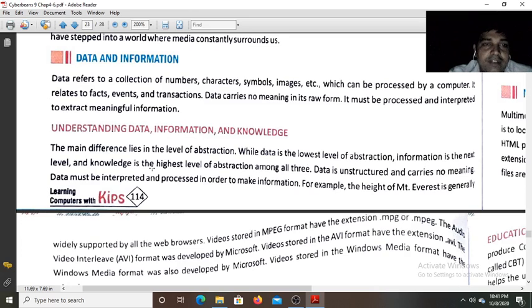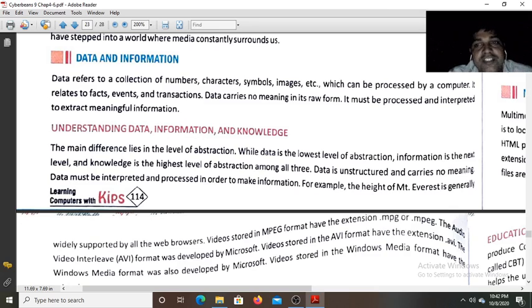Information is the next level of abstraction. Now if you want to find out some information in the data of the server, in the data of the database, you only need some of it; that is the second level of abstraction. Now you are not worrying about the details of the programming of Google or any web browser or any search engine.